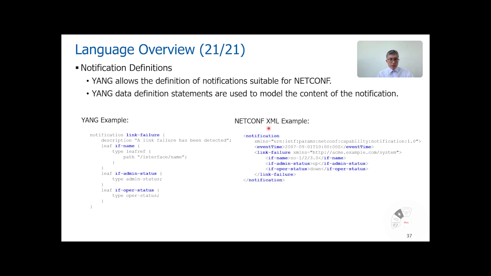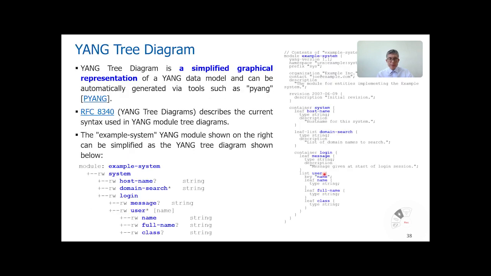Okay. So in NETCONF, when this kind of event happens, the event time is here, and then the link-up notification is delivered, including the interface name, interface admin status, interface operator status like this. Okay, so this kind of information can be delivered.